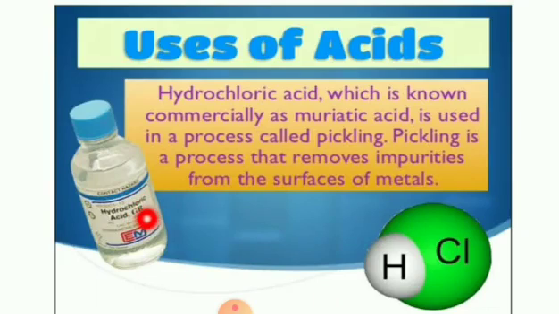Pickling is a process that removes impurities from the surface of metals. Where is hydrochloric acid present in our body? Yes, the stomach, where it helps in the digestion of food material. These are the advantages of hydrochloric acid.